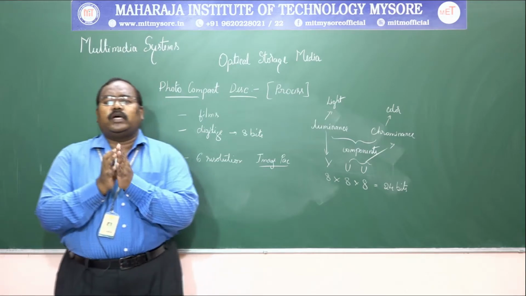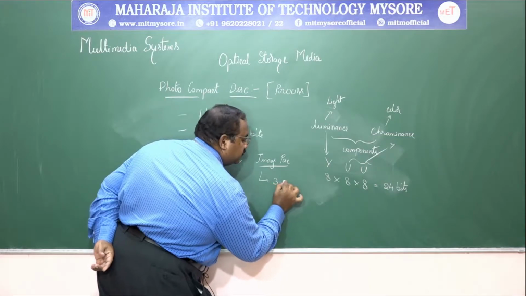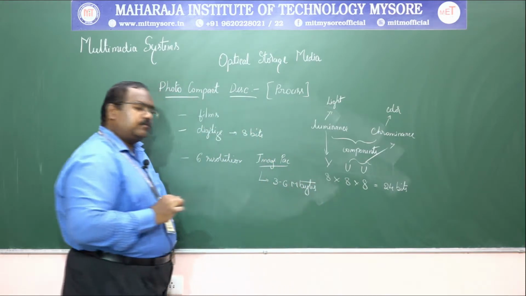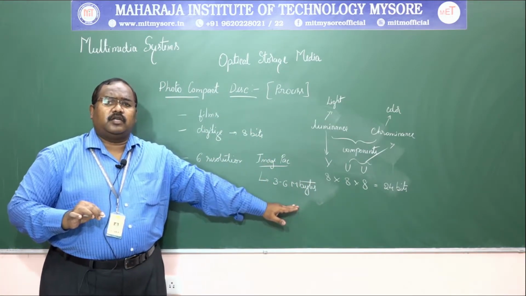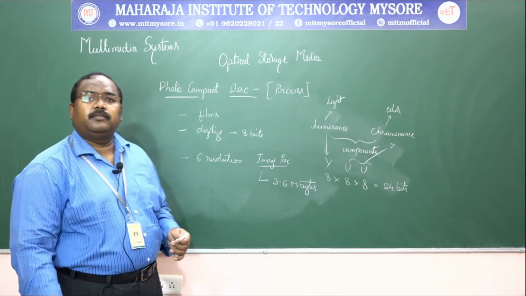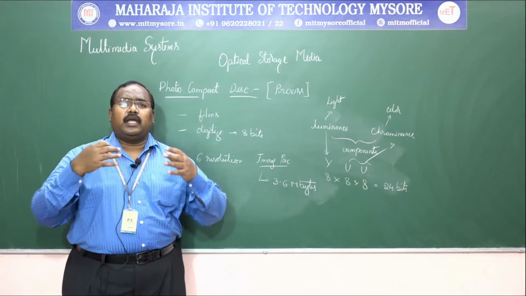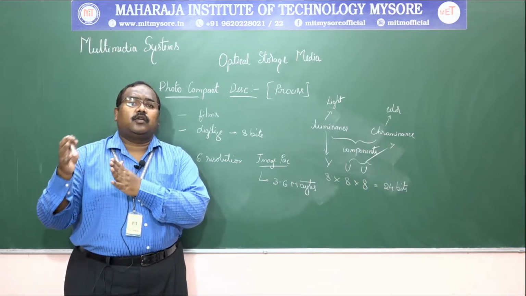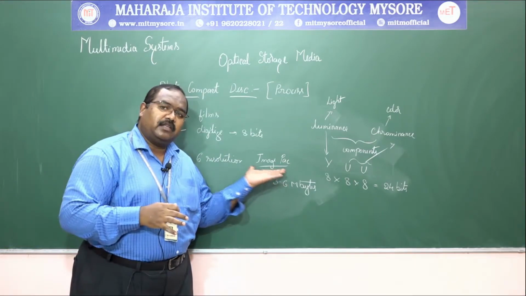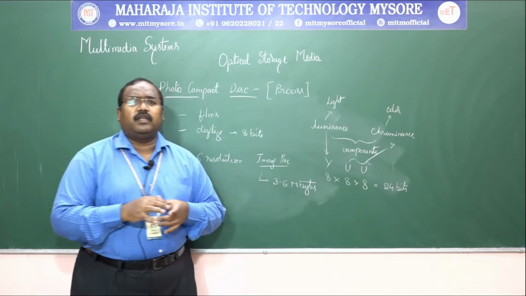This image pack requires 3 to 6 megabytes of storage, on an average, depending on the complexity of the image. When you talk about an image, some images have very high chrominance and some have very low chrominance, with variations and so on. So based on the complexity of the image, the image is stored in the form of an image pack with 3 to 6 megabytes of information.